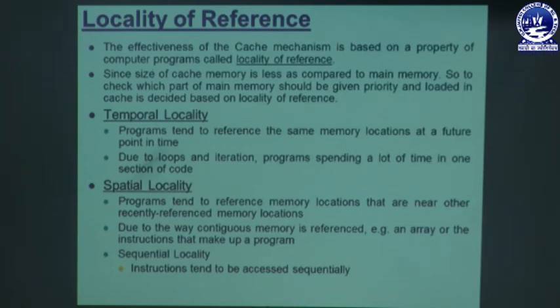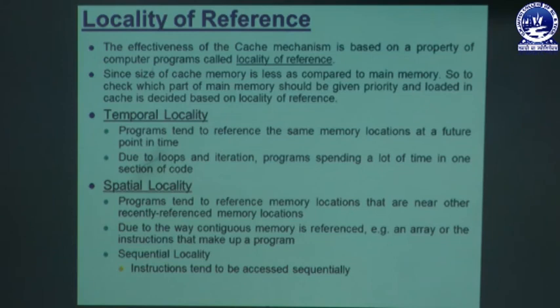The next concept is sequential locality. It is a part of spatial locality: as we choose the memory locations in a contiguous manner, the instructions have to be accessed sequentially, that means one after another. So this is the concept of locality of reference.